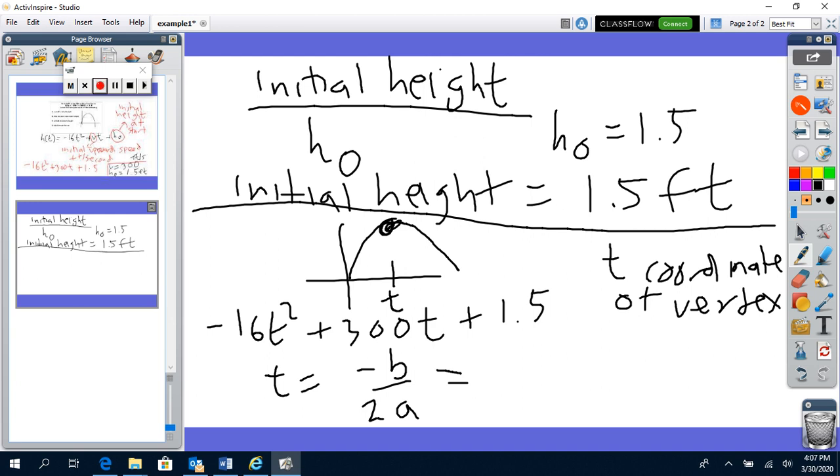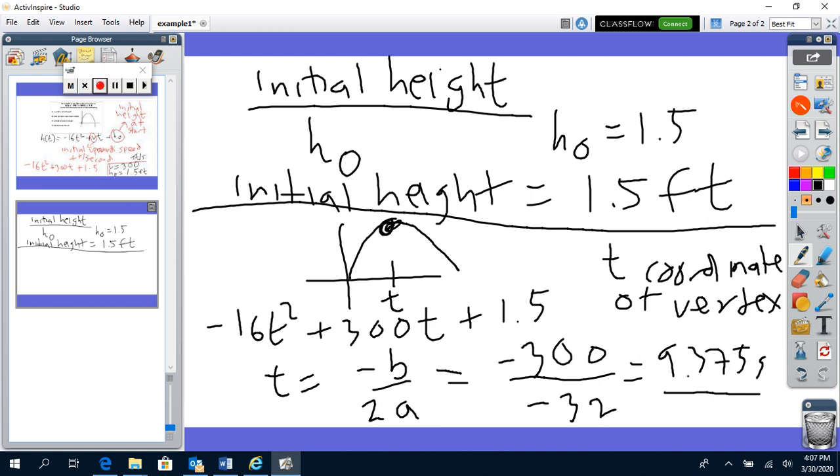And b is 300, so it's going to be minus 300 divided by 2a, which is minus 32. And you can calculate that. That is going to be 9.375 seconds, because we're measuring time. So after 9.375 seconds, the rocket is going to reach the highest point.